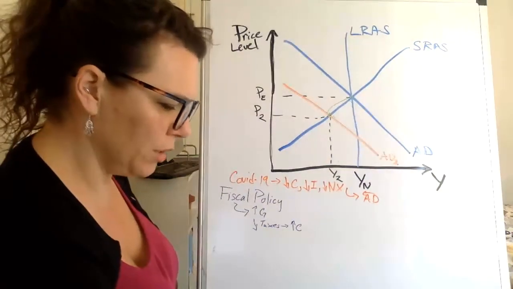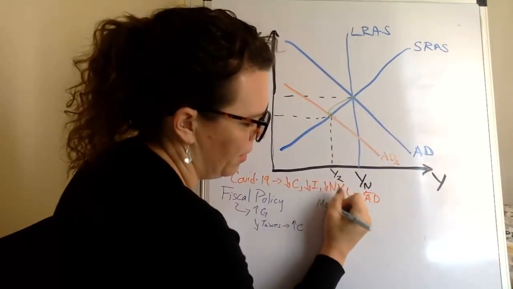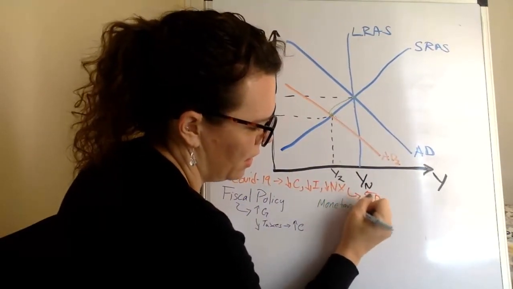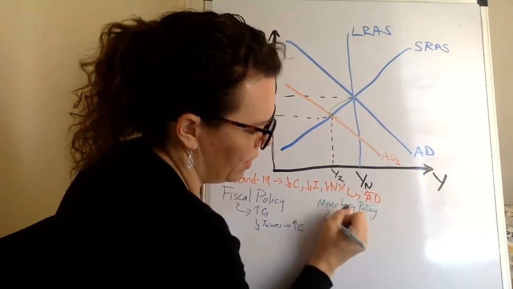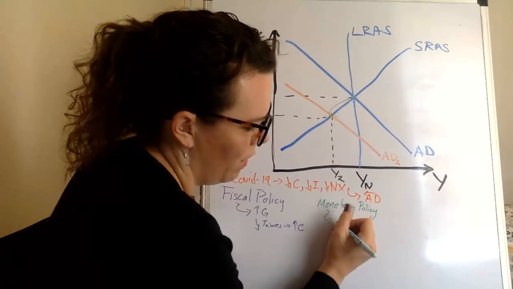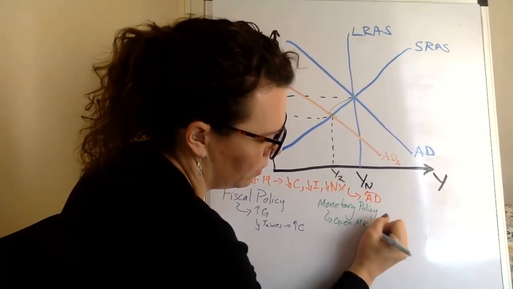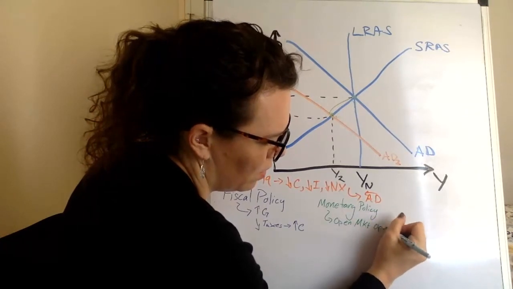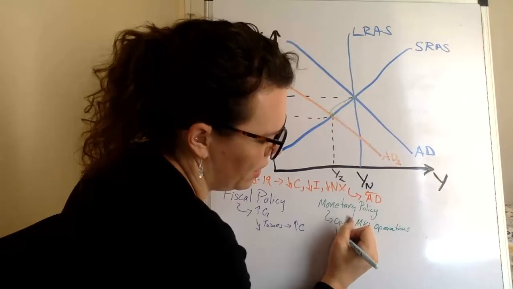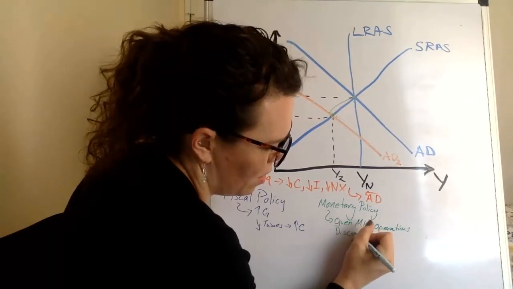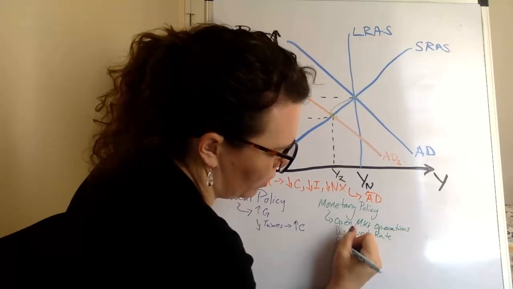Other thing we can do is we can use fiscal or monetary policy. Remember that monetary policy is conducted by the Fed, and it's going to be one of their ways of increasing the money supply. So they have the three tools: open market operations, they have the discount rate, and they have the reserve requirement.